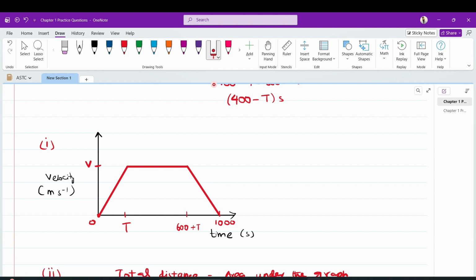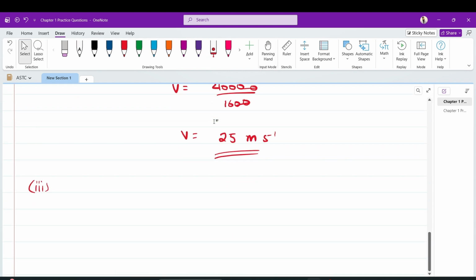Now the question says that given that the acceleration during the first part of the journey, which is this one, is 0.15 meters per second square. So using the formula that acceleration is equal to change in velocity over change in time, I'll be able to calculate the value of t. Okay, so we know that acceleration is equal to change in velocity over change in time.